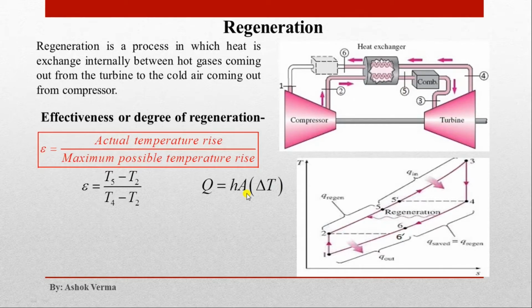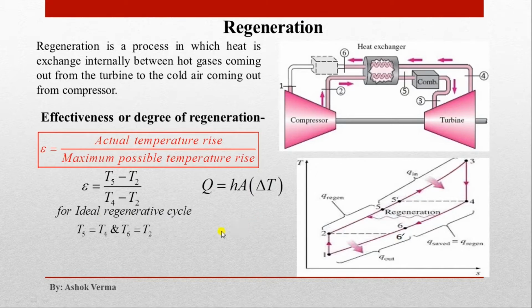If you have a lesser temperature difference, then you will have greater heat transfer area or a bigger heat exchanger. So in reality we keep it at an optimum, around 5 to 10 degrees Celsius or 20 degrees Celsius temperature difference, to transfer the heat from this to this.